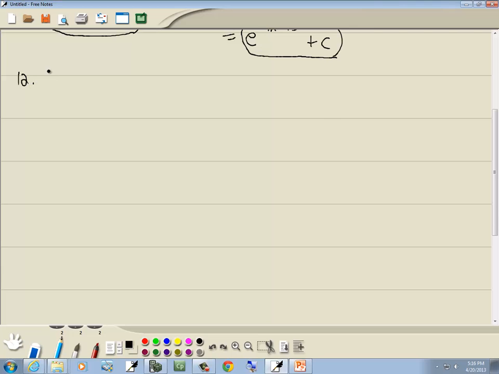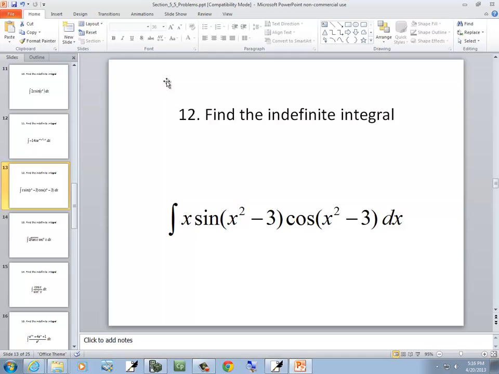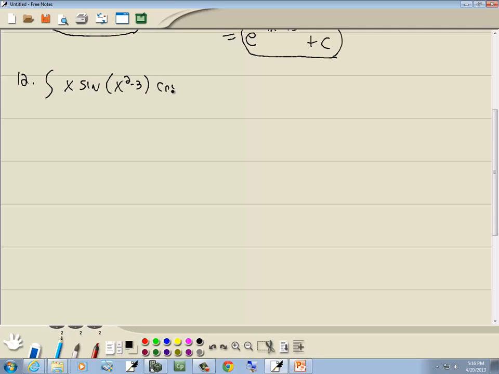Okay. Got the integral of x sine x squared minus 3 cosine of x squared minus 3 dx. Now this one really doesn't fit very well with the ones we've been looking at.